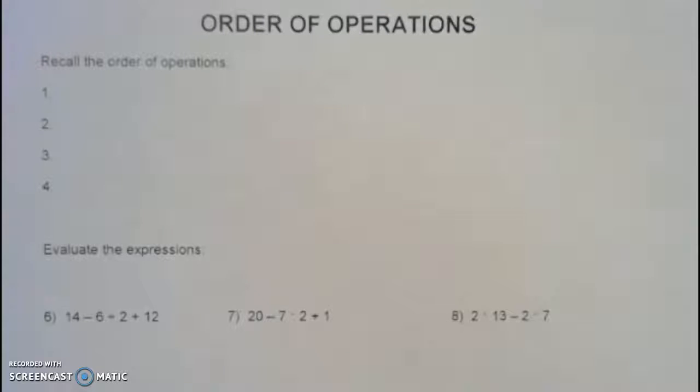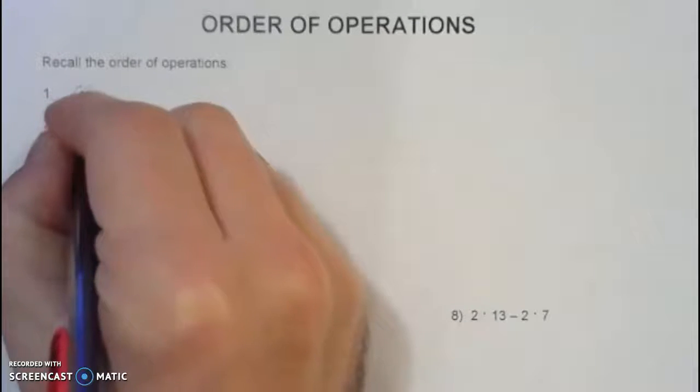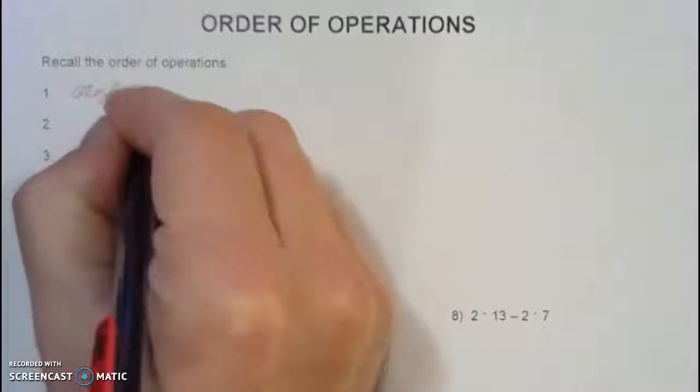The next part of the lesson is going to focus on order of operations. If we recall the order of operations, whenever we're trying to evaluate an expression, the first thing that we look for are things that are in grouping symbols. The most commonly used grouping symbols are parentheses, but they might also be brackets, which kind of look like square parentheses.